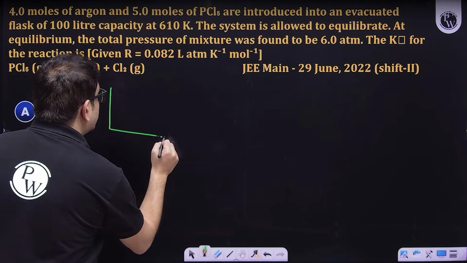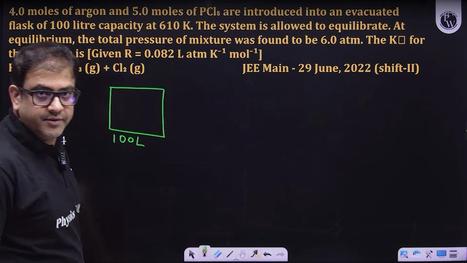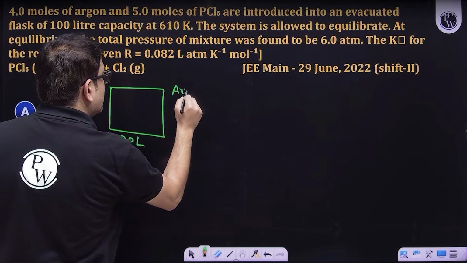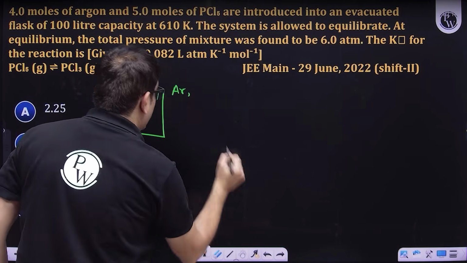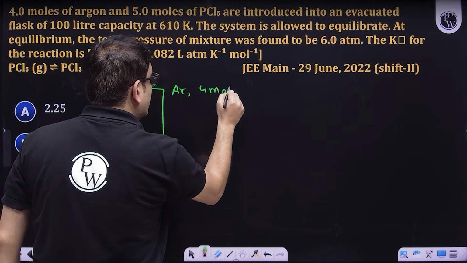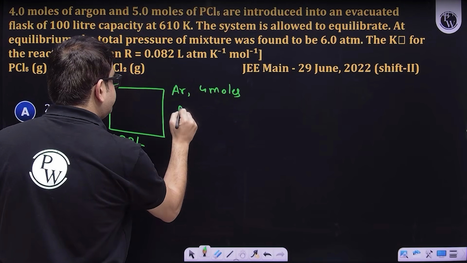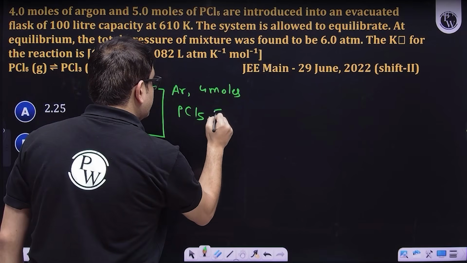There is a box, it is empty, and its volume is 100 liters. You have argon, 4 moles, and PCl5, 5 moles.